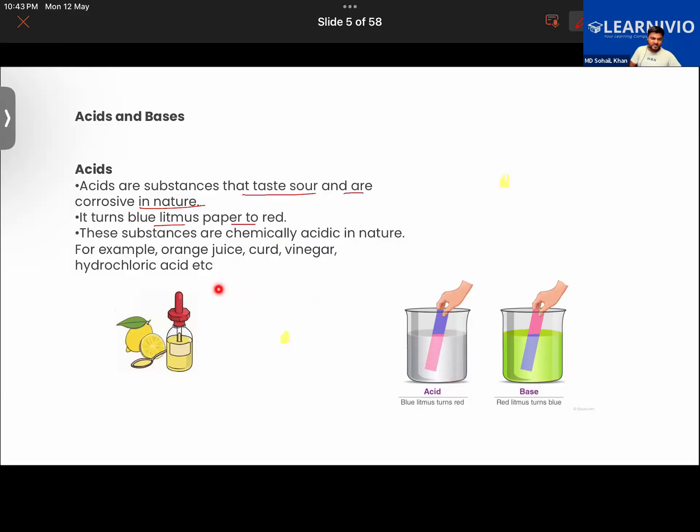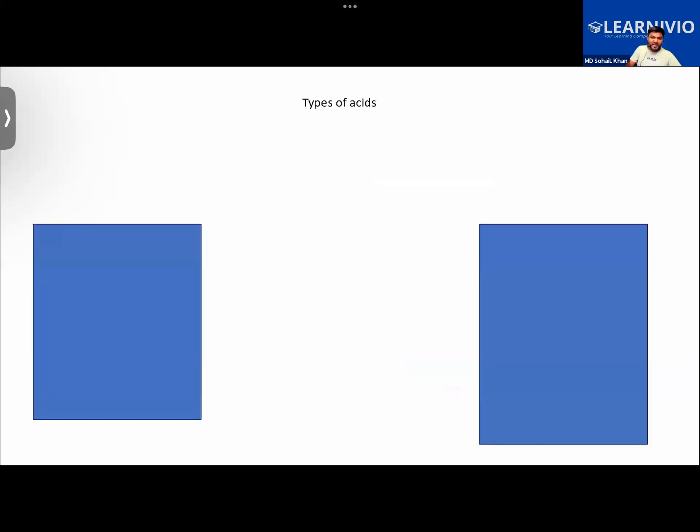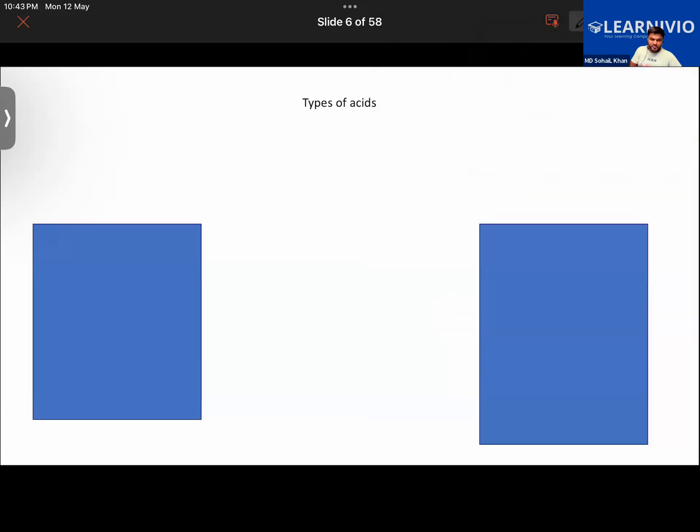Various examples of acids are orange juice, which contains citric acid, curd, vinegar, and hydrochloric acid. Now, acids can be categorized into two different types, two categories. One is the strong acid, another is the weak acid. Strong acids we also call mineral acids.